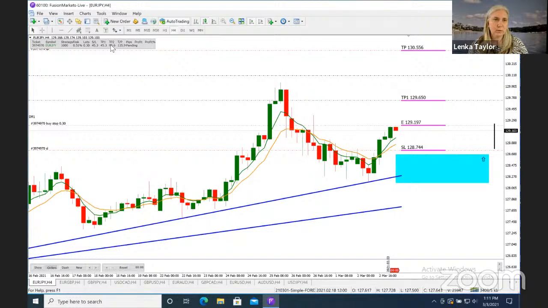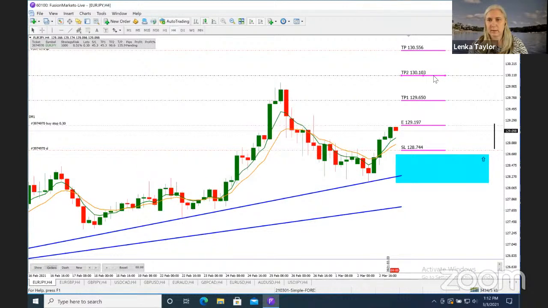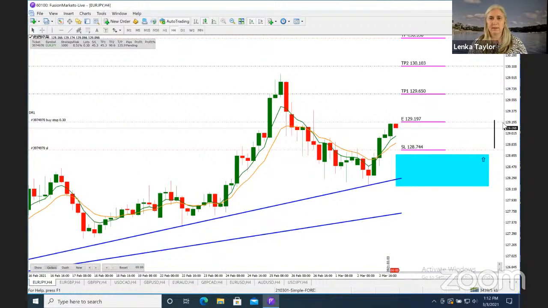And then TP2 is there. Okay, there we go. Those are the levels there that I'm looking to enter on that chart. Euro JPY, there we go.